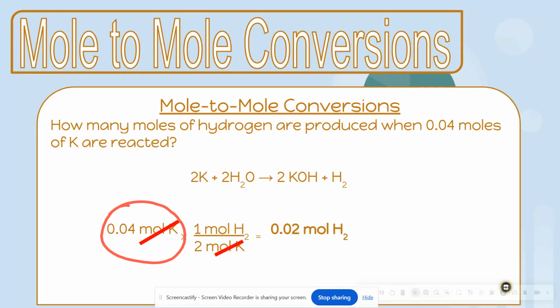For every 1 mole of hydrogen, I have 2 moles of potassium. And then I can cross out my units and multiply straight across. So we would multiply 0.04 times 1, then divide by 2, and our answer is 0.02 mole of H2.